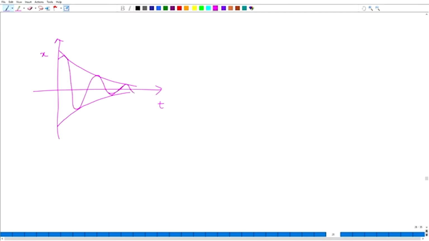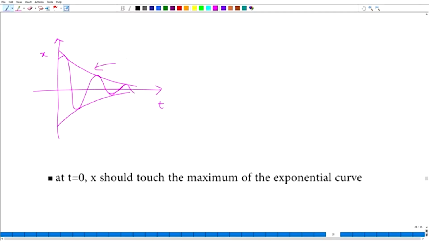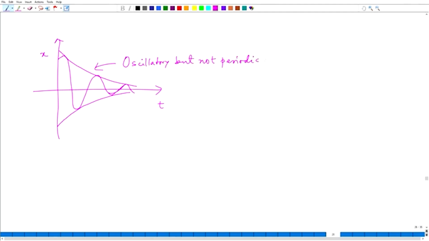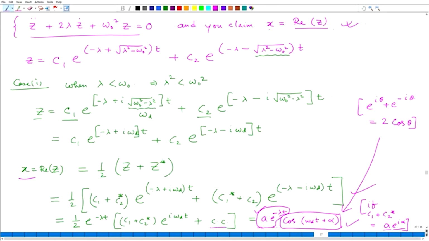Here you see this is oscillatory but not periodic. That means, after a 2 pi period of the cos function, the particle does not come back to its original position because of this gradually decreasing amplitude.